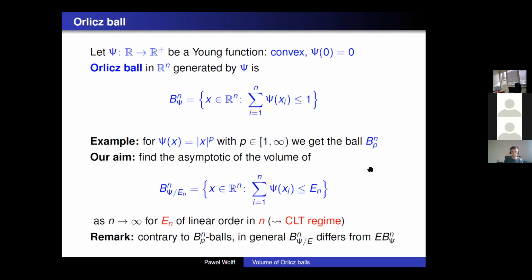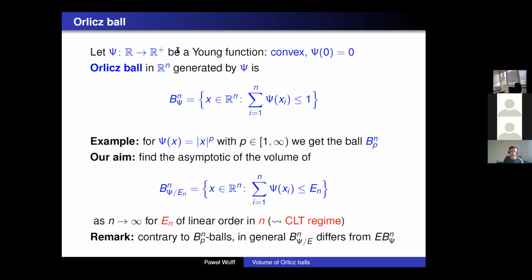We would like to be able to calculate the volume of more general convex bodies, not a very general one, but let's enlarge the class by so-called Orlicz balls. Let me recall what it is. Let's take psi to be a Young function, which is just a convex function which vanishes at 0, and it has values in R+.